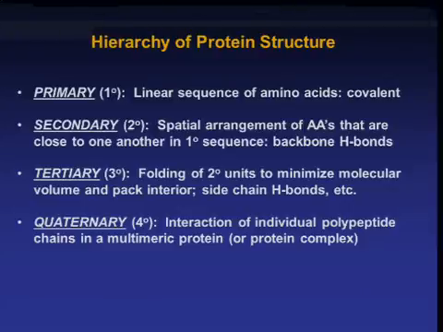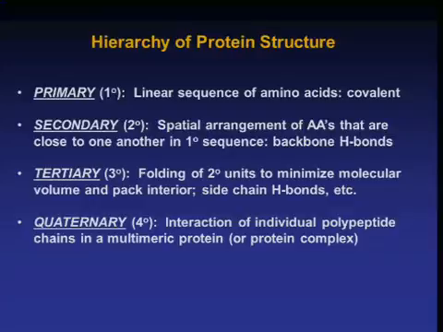The 3D structure, the tertiary, is the folding of these secondary units. Once you have these localized secondary structures, they're going to start to fold together. What you're doing here is minimizing volume and getting packing. We'll talk some more about what's going on in terms of stabilizing the 3D structure.